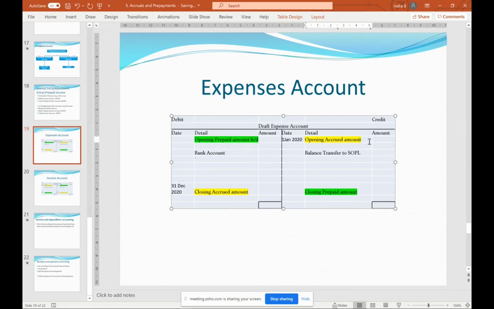And this is brought down as well. This is closing, it is carried down.